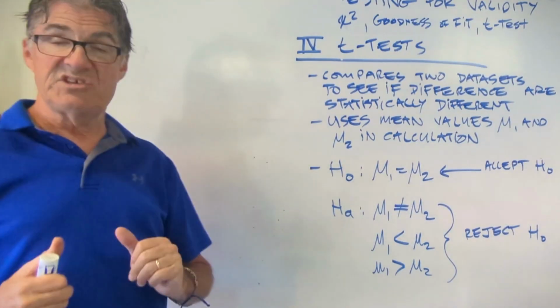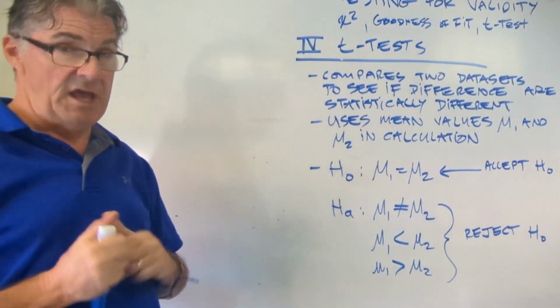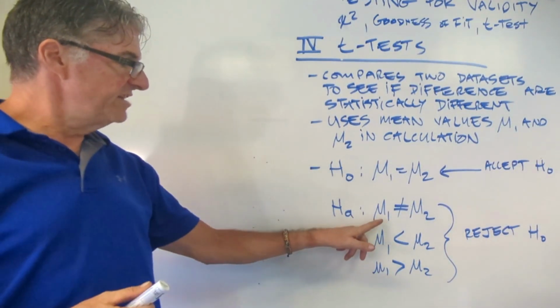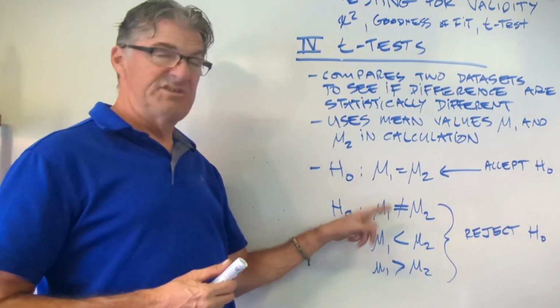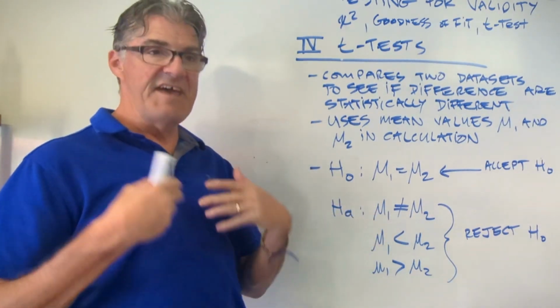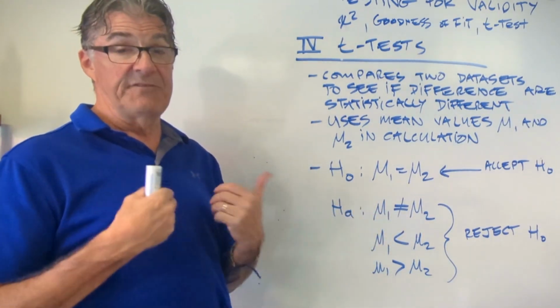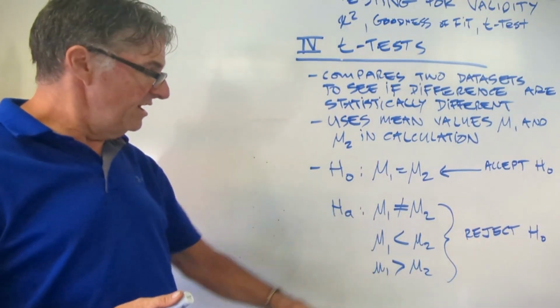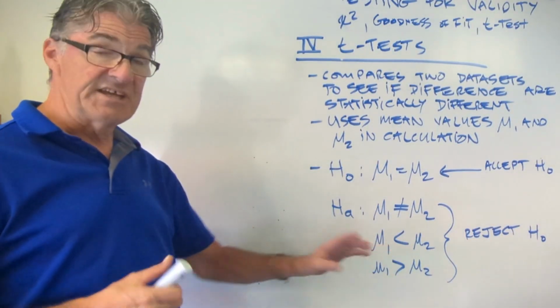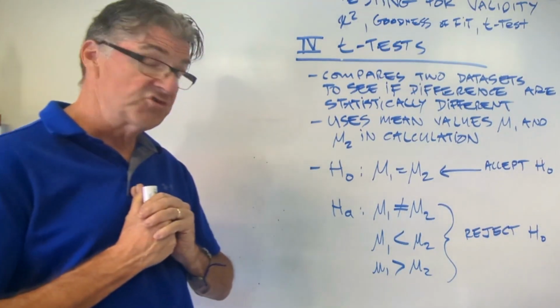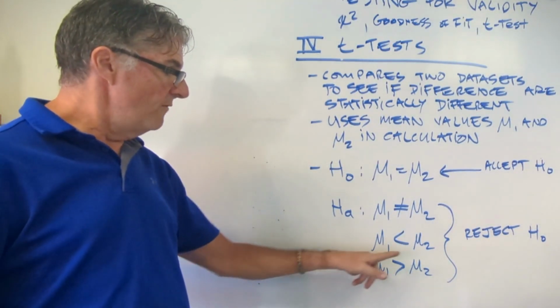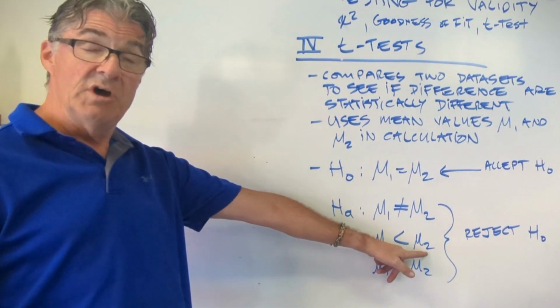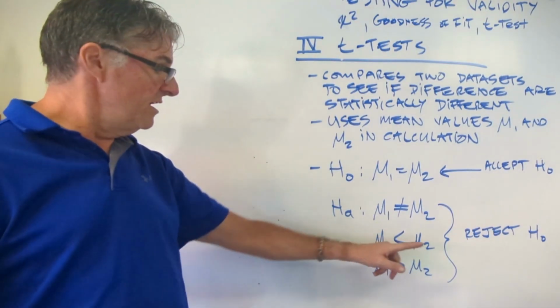Now there are 3 states where we don't accept and we reject the null. This first one is just that, whoa, these two data sets are different enough that the difference is significant. So this is more of a general case. And then these two are a little bit more specific, and that relates to the example problem you're trying to do. This would be for mu2 to be significantly bigger than mu1.